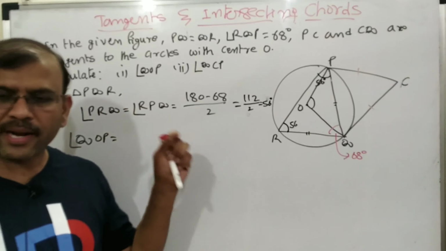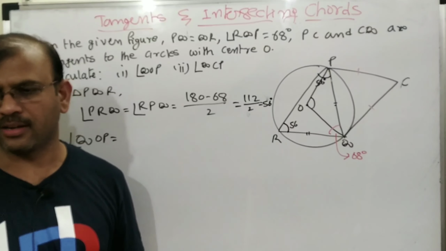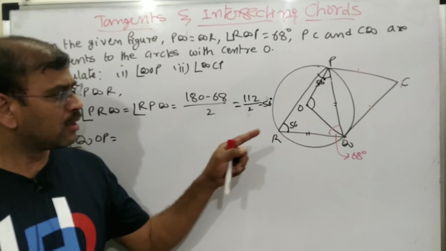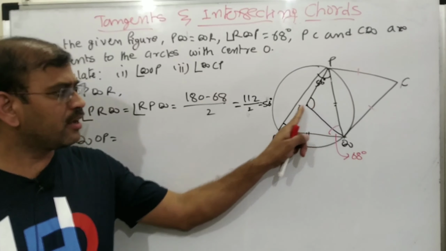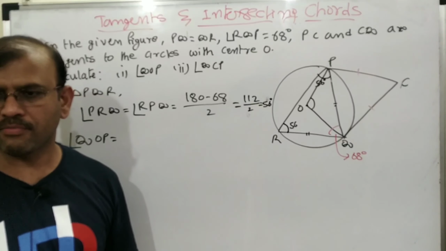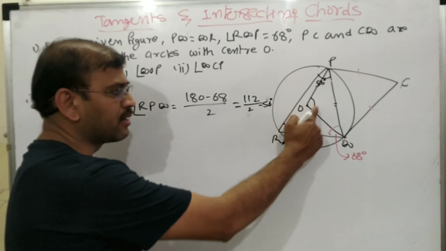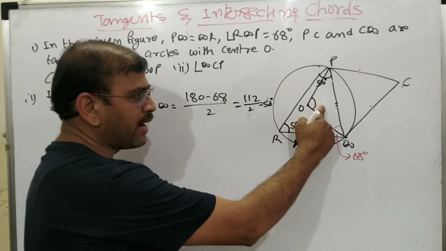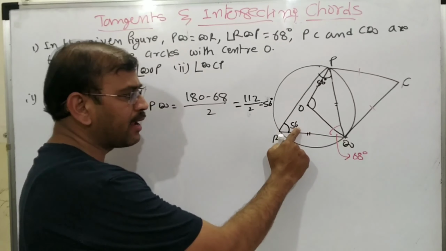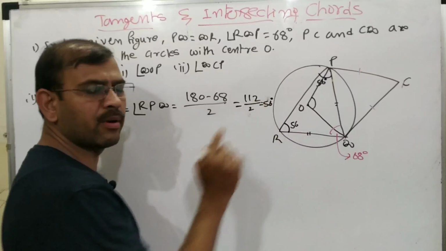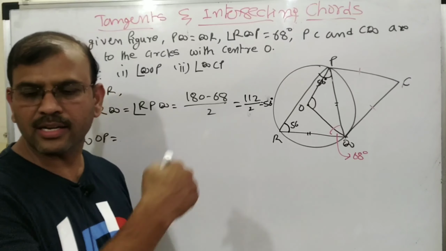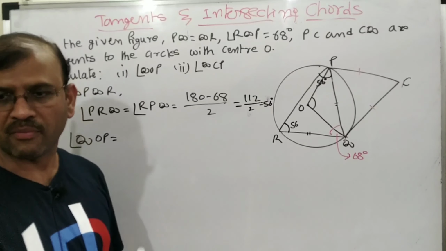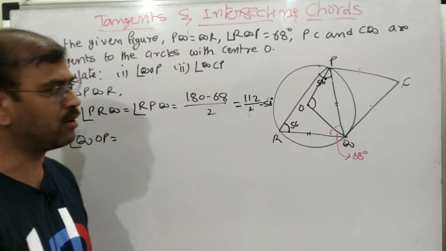I have explained in the previous chapter on circles: angle at the center is twice angle at the circumference. So to find the center angle, whatever the angle at the circumference is, it will be double of that. We have learned this concept in circles. If you have any doubts, you can watch the previous video.